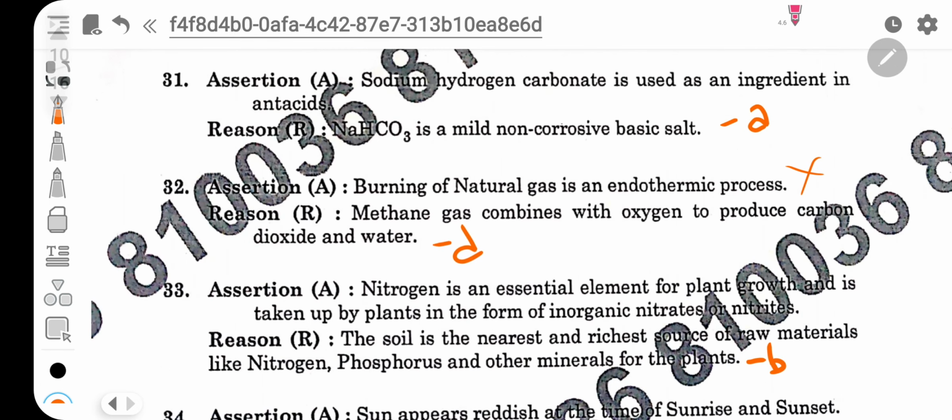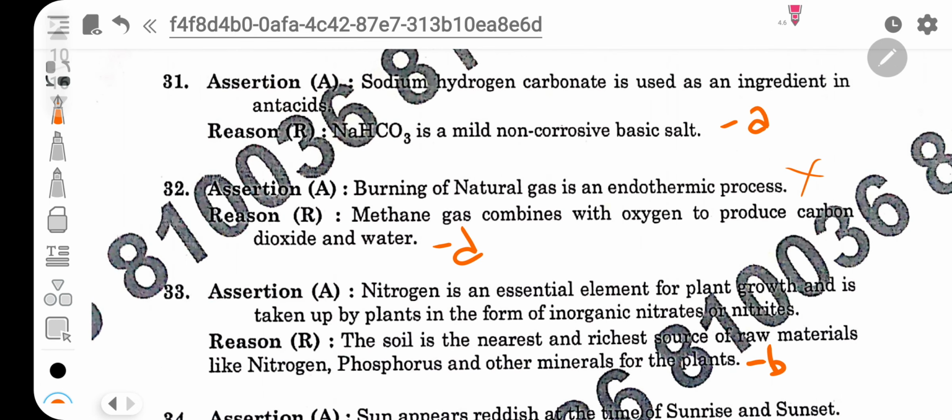Now question number 33. Question number 33 states that nitrogen is an essential element for plant growth and is taken up by the plants in the form of inorganic nitrates or nitrites. Okay, this is correct. Soil is the nearest and richest source of raw material like nitrogen, phosphorus and other minerals for the plants.